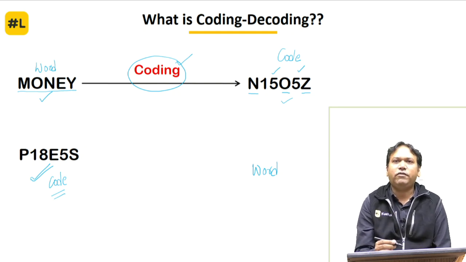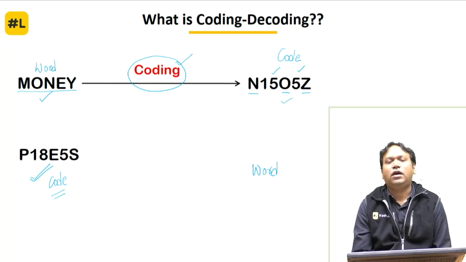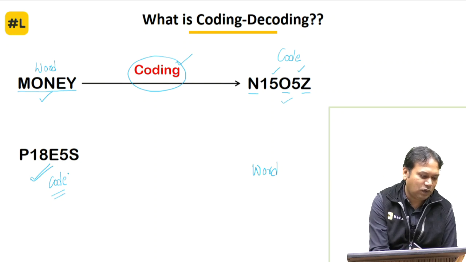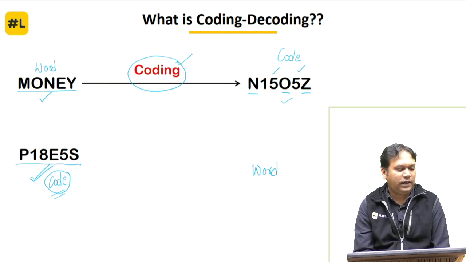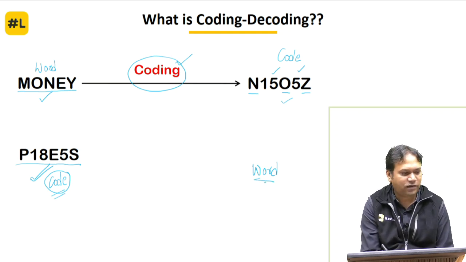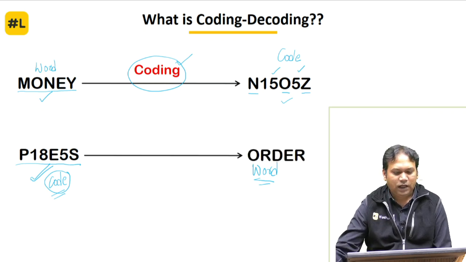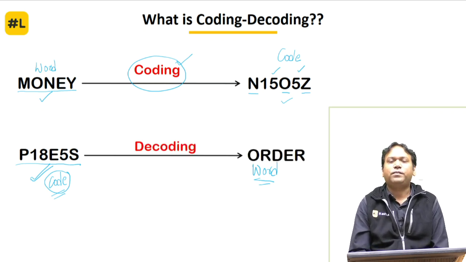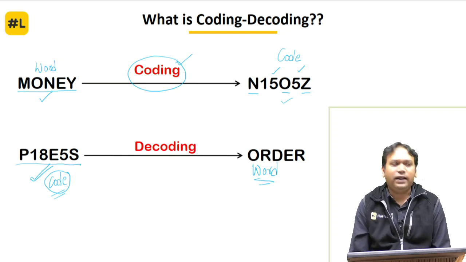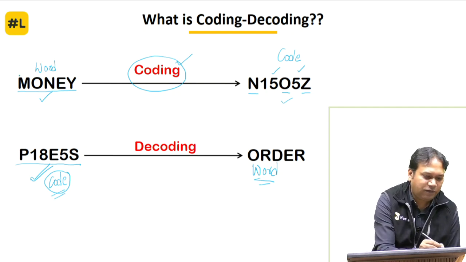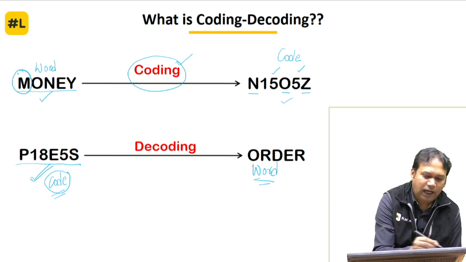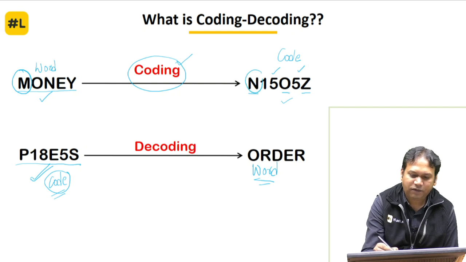So, by finding out the coding logic used, can you convert now this code which I am giving to you, P18E5S, and find the word? Yes, the answer is order. So, you see, if you decode it, the answer is order. Now, we are able to find out that the answer is order because we understand that the first letter M has become N, shift forward by 1.